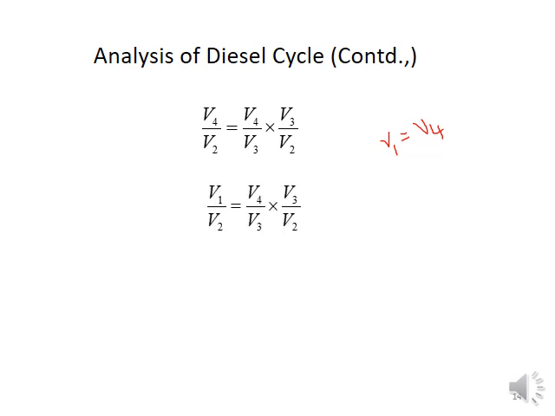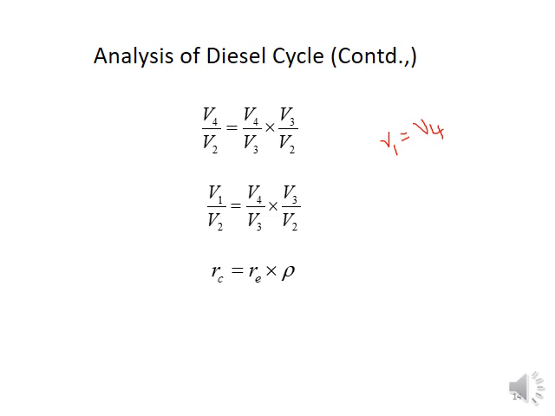Where V1 by V2 is the compression ratio, V4 by V3 is the expansion ratio and V3 by V2 is the cutoff ratio. So we can write rc is equal to re into rho, so the cutoff ratio is the ratio of the compression ratio to the expansion ratio. In one more question they will ask what the cutoff ratio is.